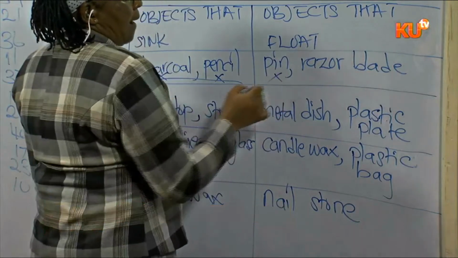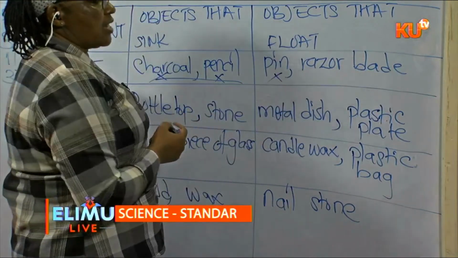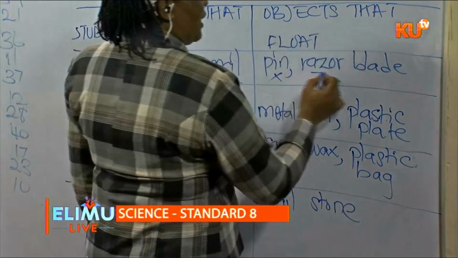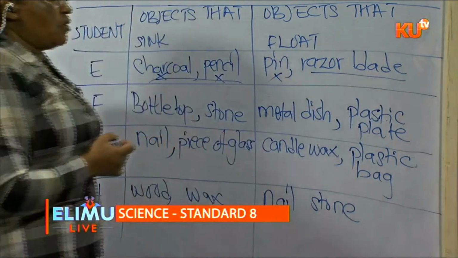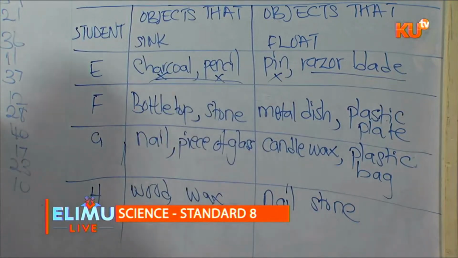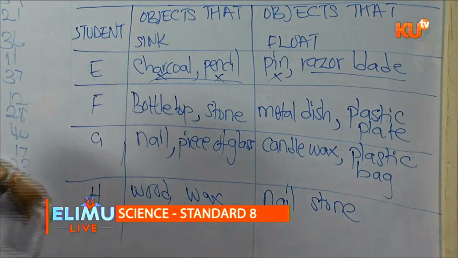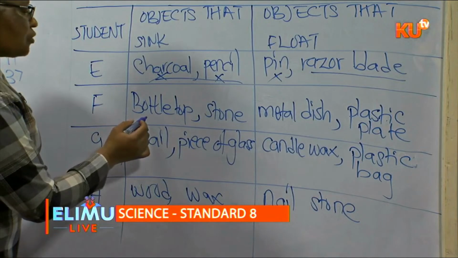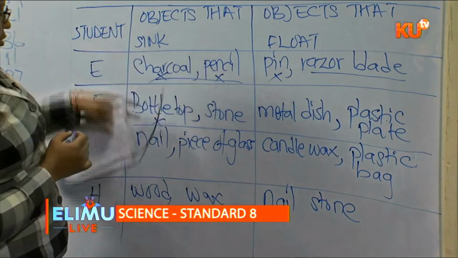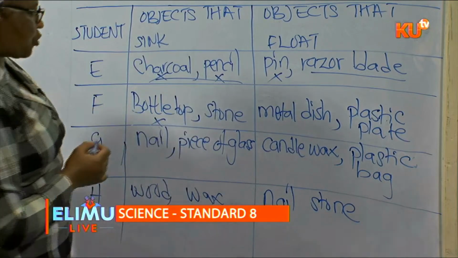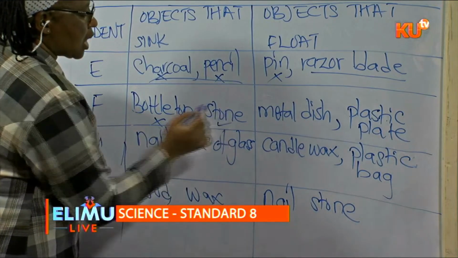Then we move to objects that can float. A pin is made of metal, so it is a sinker. A razor blade is made of metal, so it is a sinker, depending on the way you place it on the liquid. Now we have bottle tops. A bottle top usually floats, so it is wrong in this column. Then we have a stone. A stone can sink.